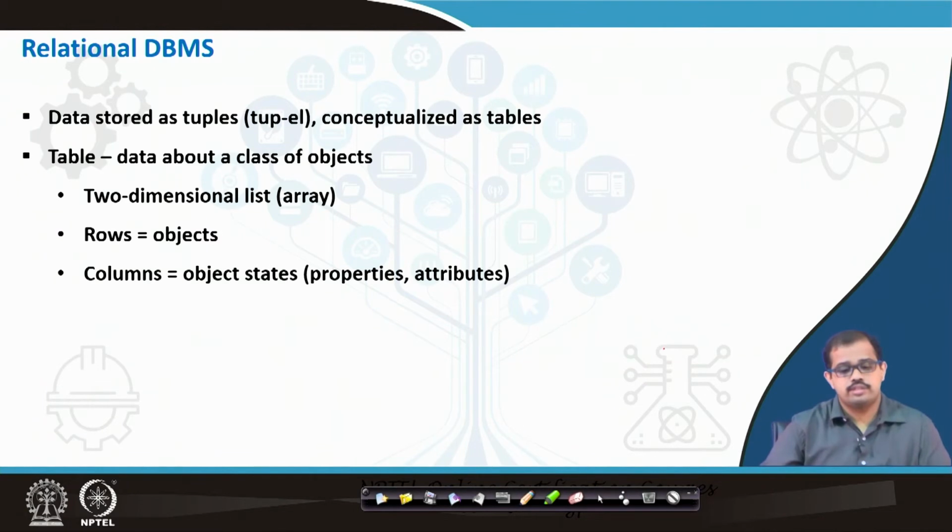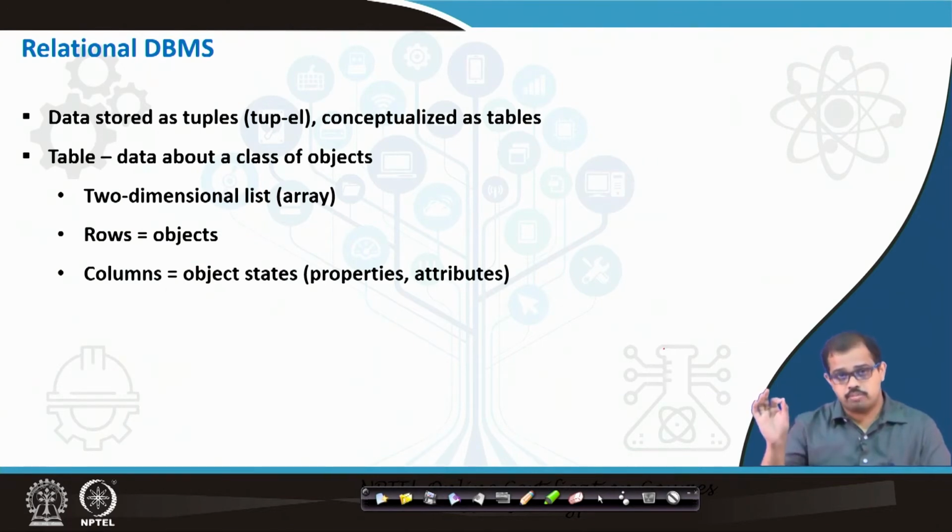Normally data is stored in the form of tuples. When I say tuple, it is conceptualized as tables, a number of rows and columns representing the fields. So each table's data is about a class of objects. When I say objects, it's a two-dimensional list.